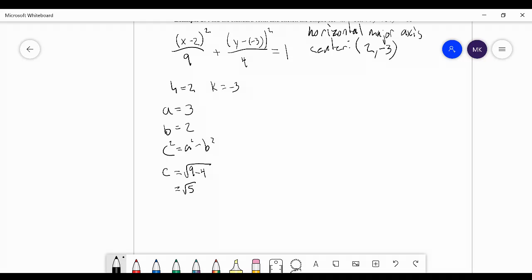So now we can use this information to find our vertices, our foci, and the endpoints of our minor axis by simply following the formula that we have from our general form of a shifted ellipse.